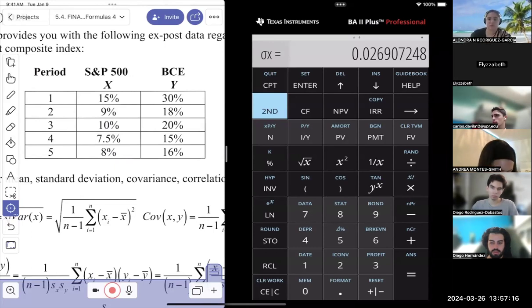Okay. So, which one is bigger? The population one. Check again. The standard deviation of the sample is bigger.